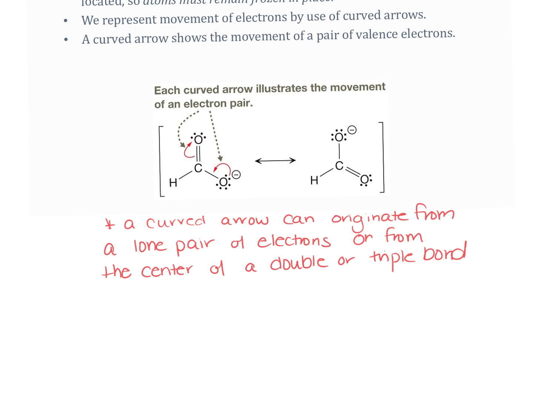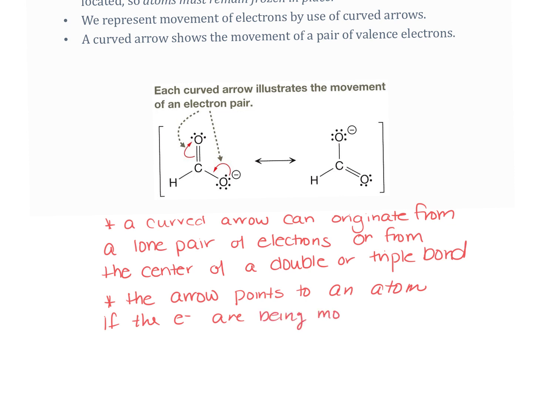So that means the arrow points to an atom if the electrons are being moved to become a lone pair, right?